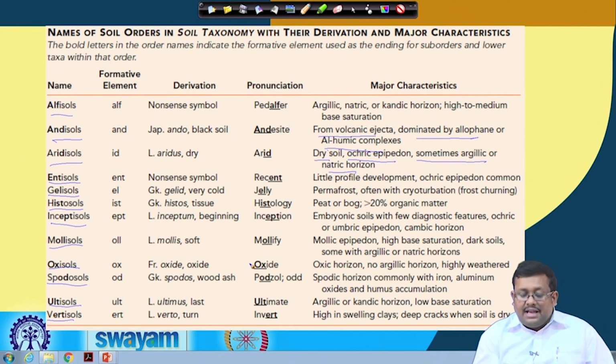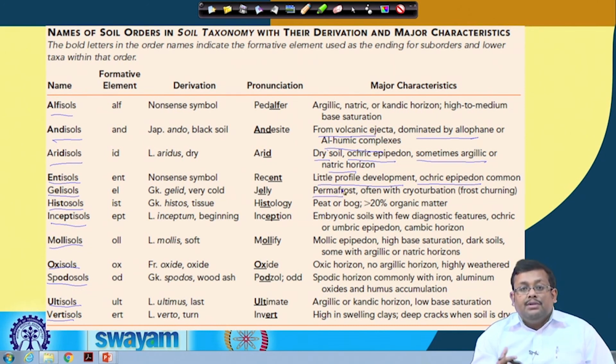Entisols are the most young soils, and they have little or no profile development, and only an ochric epipedon is common. And obviously gelisols are basically found in very cold climates or cold regions, and they are characterized by permafrost.